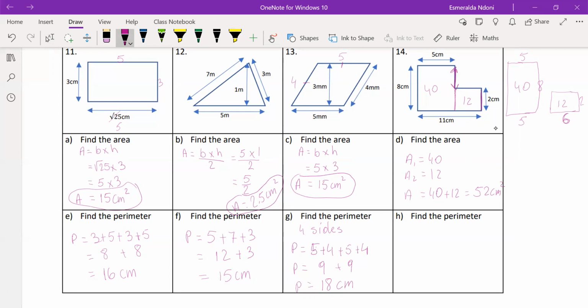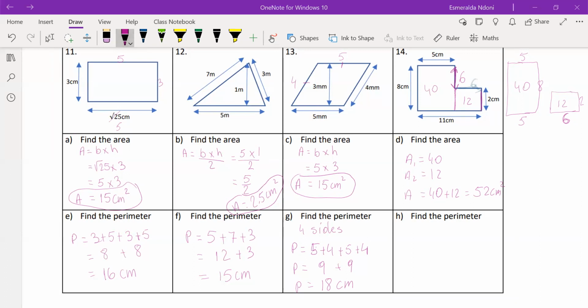The answer would be 6. Well done, because 6 add 2 is 8. And then we have this side lying down. The total is 11, and 5 add 6 is 11. So that is 6 too.